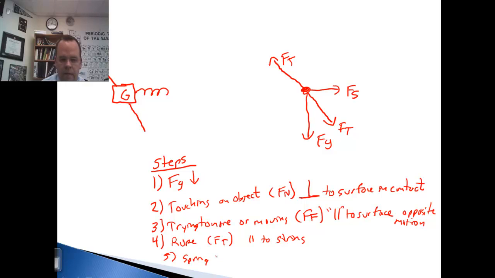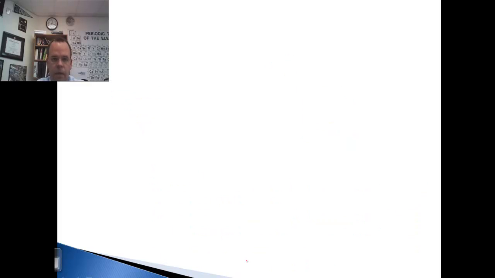Is there a spring? That'll tell us there's force spring. Force spring will be towards the center if it's stretched, away from the center of the spring if it's compressed. So that's generally the questions I would go through when thinking about which forces to write. Know those forces, know which directions they go, so that you can clearly label them in the free body diagram.